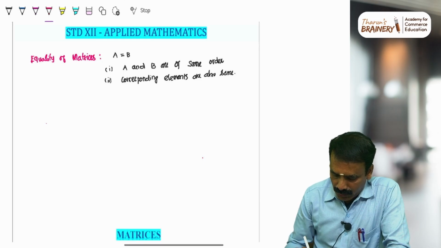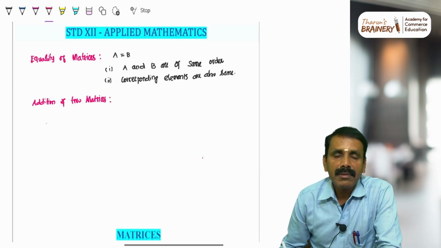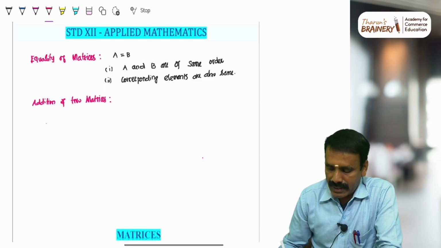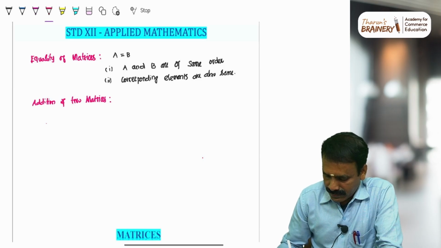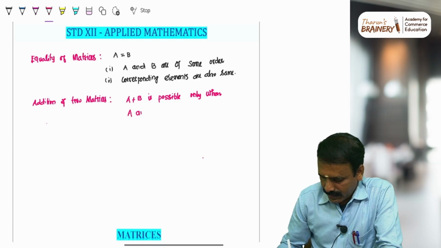Next, how to add two matrices. Addition of two matrices. Two matrices A and B can be added. We can find the sum A plus B only when again A and B are of the same order.